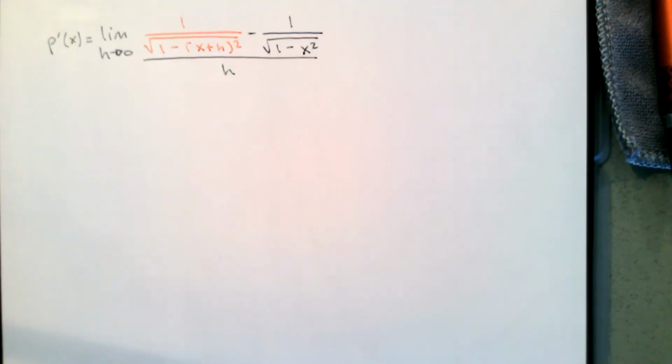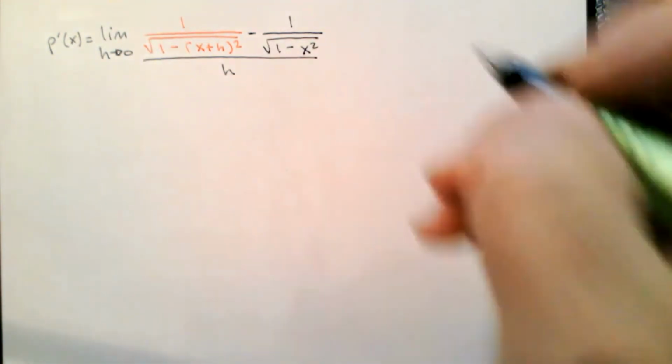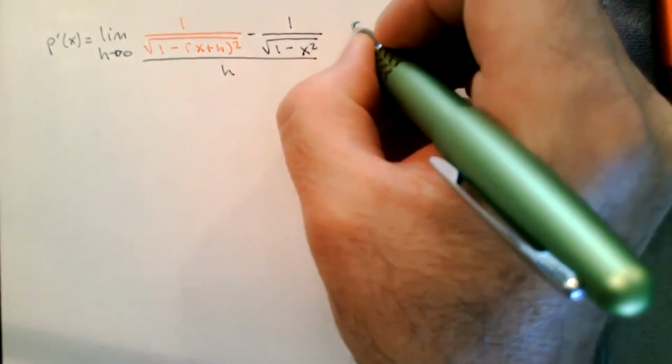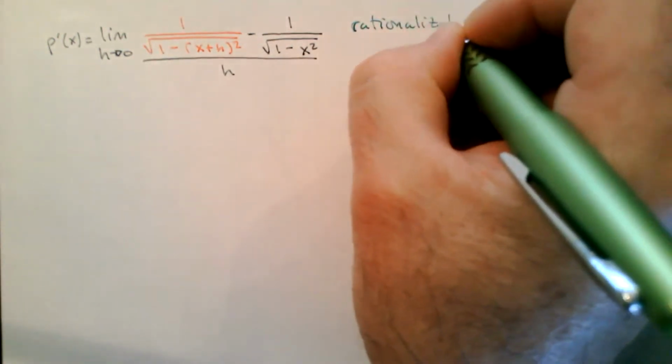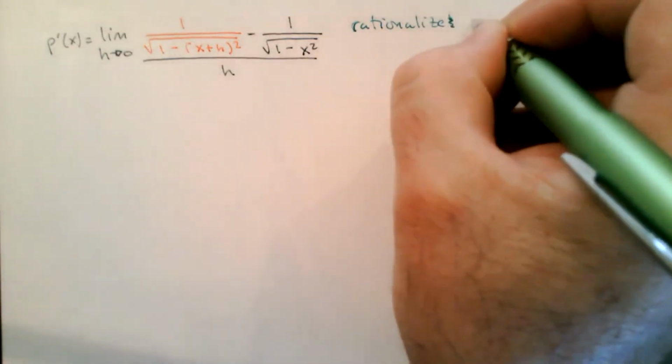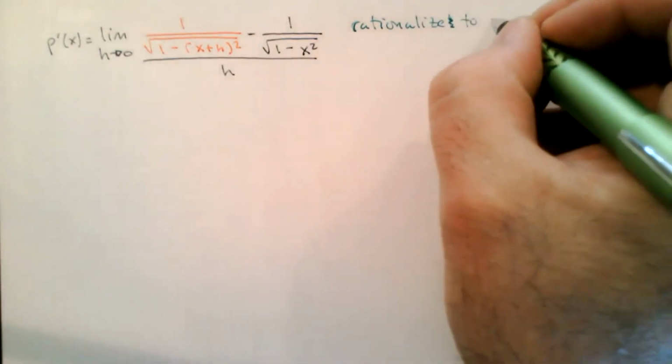The goal is to still cancel out the h. We get common denominators to deal with the rational parts. We use rationalization to get rid of the radical parts. So rationalize to clear the radicals.